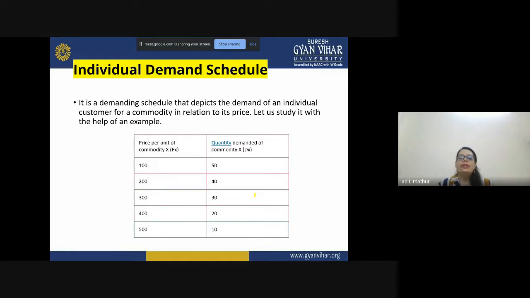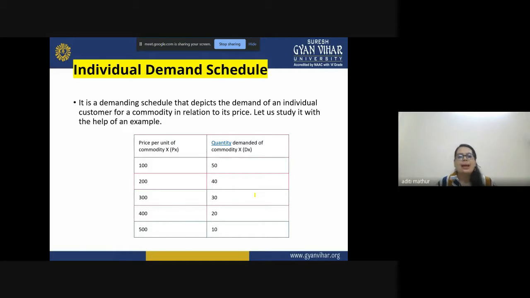An individual demand schedule is a tabular representation of the different quantities which a customer is ready to buy at the different price levels. When we study an individual customer and draw a schedule for that particular customer, that refers to your individual demand schedule, right?